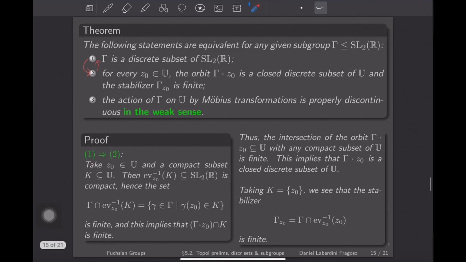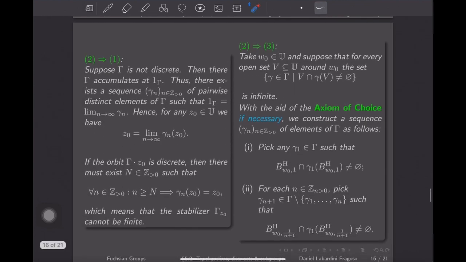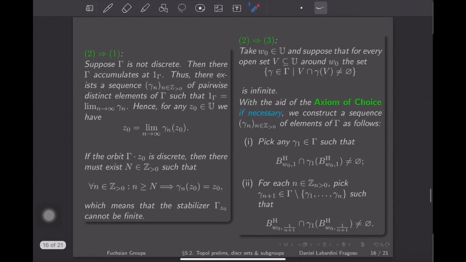Right? So I'm going to assume that this is not the case, that gamma is not discrete. And because of the previous characterization, what I know is that gamma then accumulates at the identity.